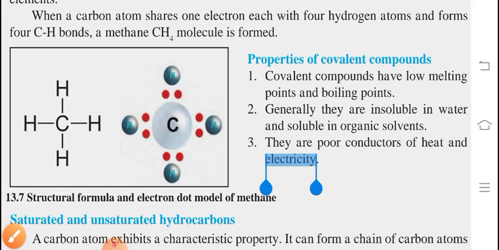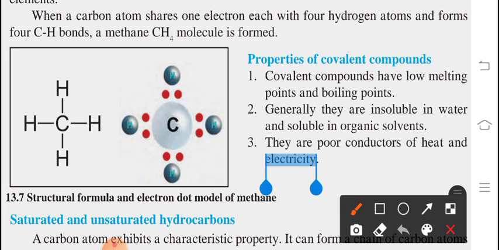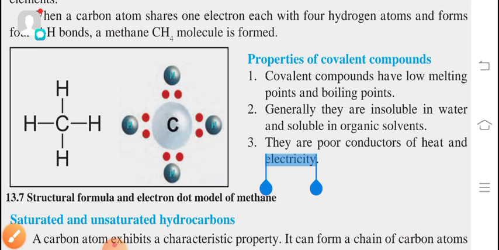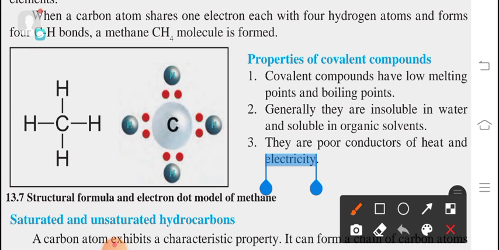So carbon shares its 4 electrons with 4 hydrogen: 1 electron with 1 hydrogen, 1 electron with 1 hydrogen, 1 electron with 1 hydrogen, 1 electron with 1 hydrogen. This is the way the CH4 molecule forms.